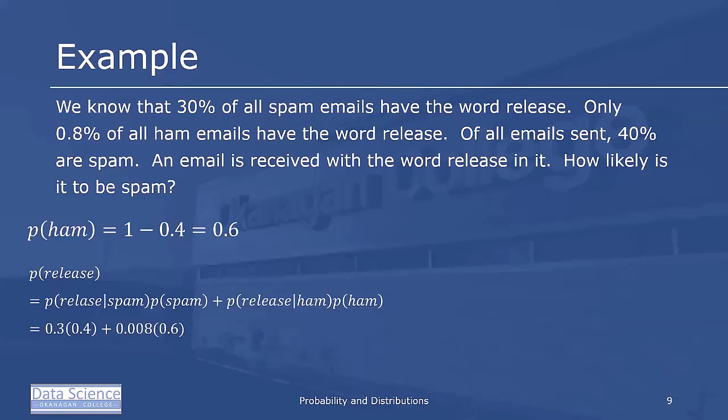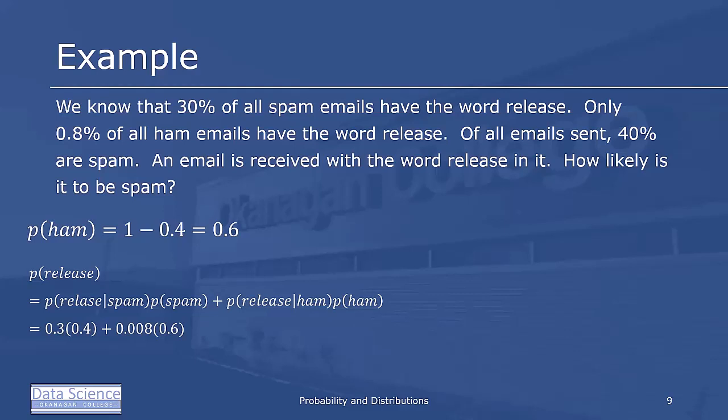Well, let's first look at the probability of an email being ham. If it's not spam, it's ham. And if 40% of all emails are spam, then 60% have to be ham. Now, what is the probability that an arbitrarily selected email has the word release in it?